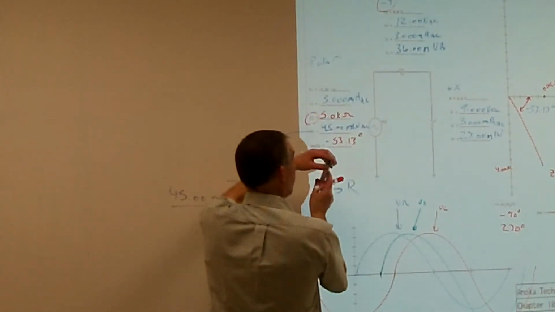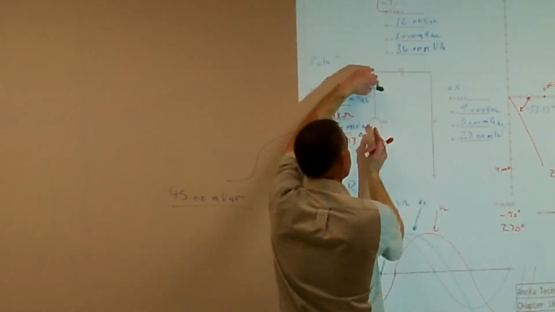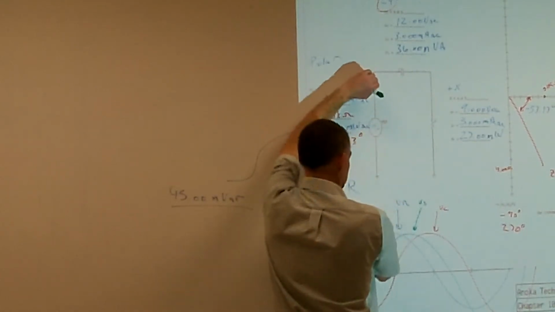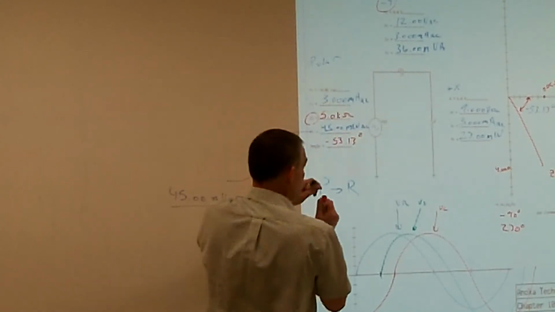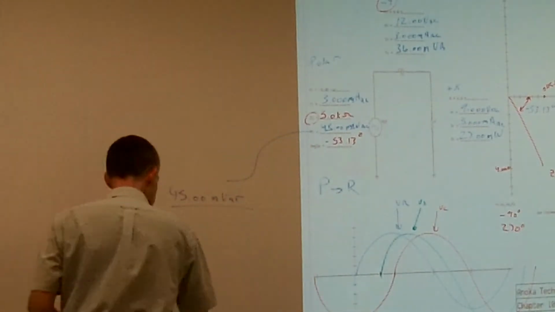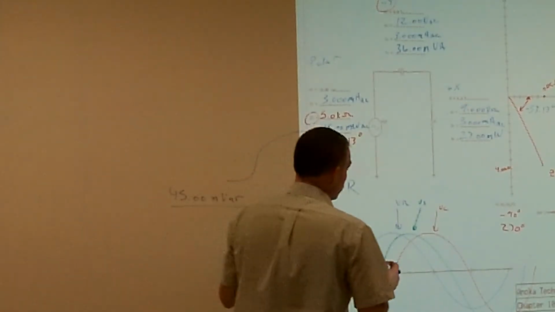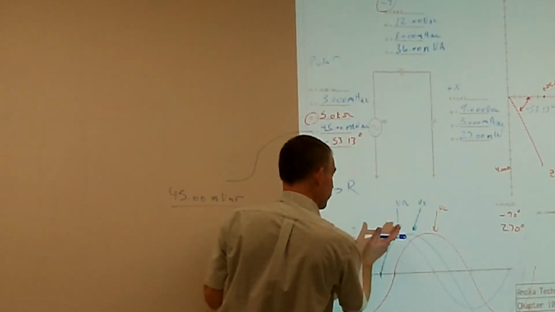I'm trying to think of how to explain why that is, but because of our current here. Let's go one more step. Before we talk about that, let's do it this way.